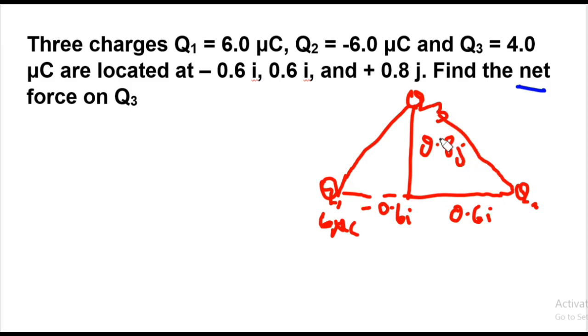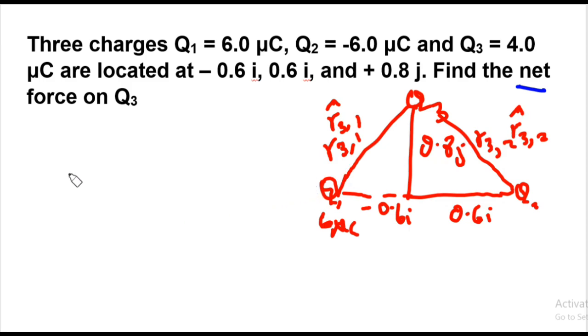To find the distance between this charge Q3 and Q2, we have it as R32. And the distance between Q3 and Q1, we have it as R31. We can also define the unit vector in this direction as R31 hat, and the unit vector in this direction as R32 hat.